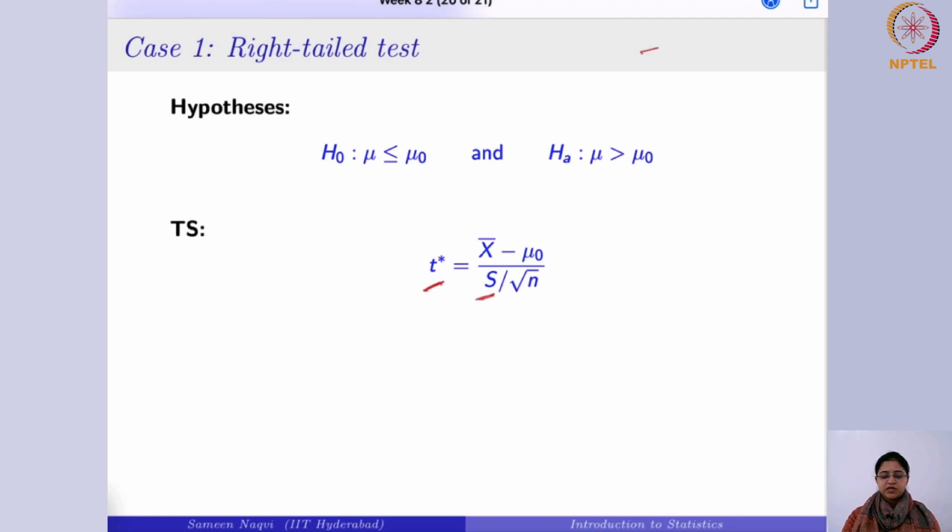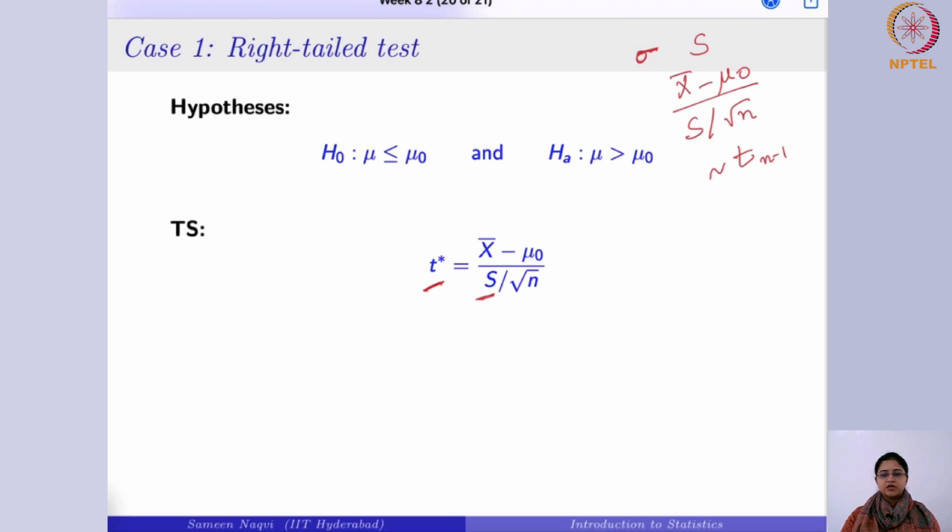Whenever sigma is unknown, we estimate it using the sample standard deviation, and whenever we do that, under the null hypothesis, if you replace sigma by s, it no longer follows the normal distribution, but in fact follows the t distribution with degrees of freedom n minus 1.